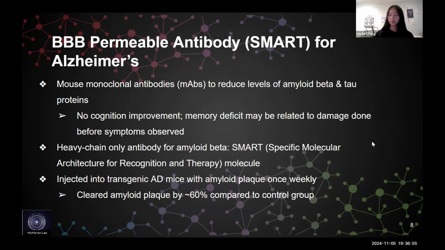However, there was no cognitive improvement, most likely due to the fact that memory deficit was related to damage done before Alzheimer's symptoms were observed, such as neuroinflammation or mitochondrial and lysosomal dysfunction. Therefore, a new heavy chain antibody called the SMART molecule was developed to target amyloid beta. It was injected into transgenic mice with Alzheimer's disease once weekly, and it was shown to have cleared amyloid plaque by about 60% compared to the untreated group of the mice with Alzheimer's disease.